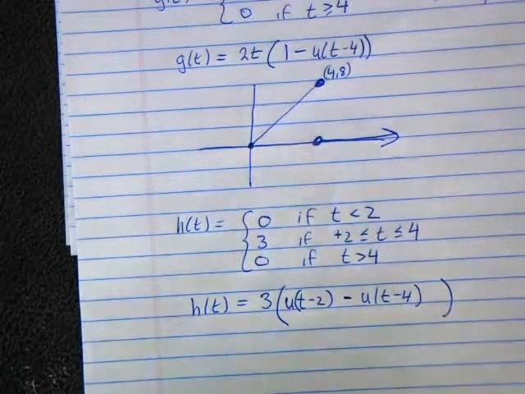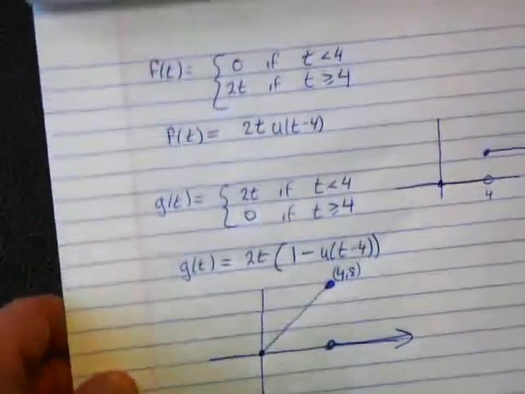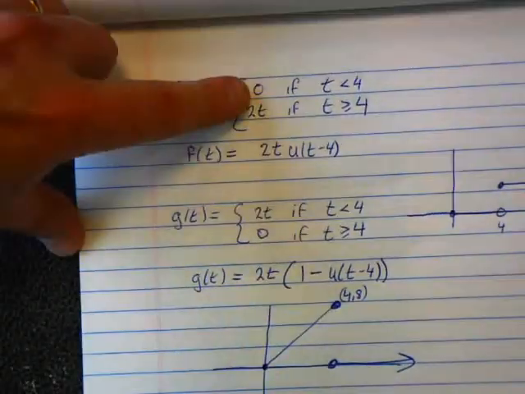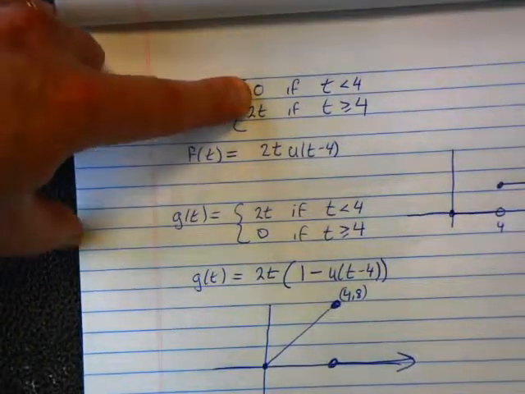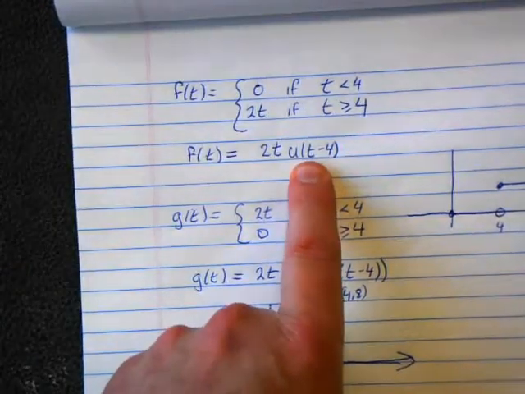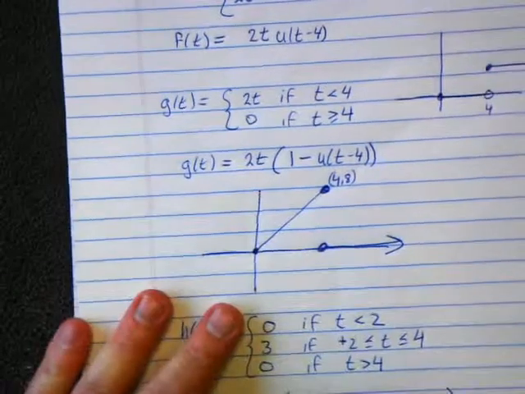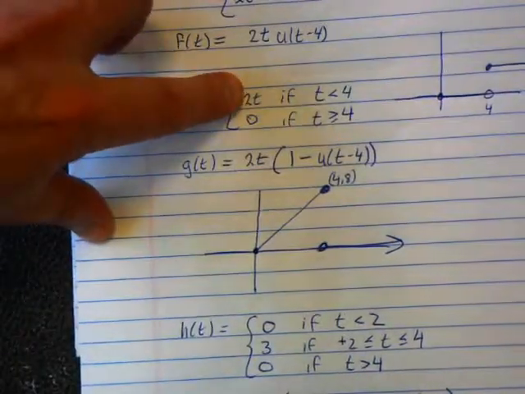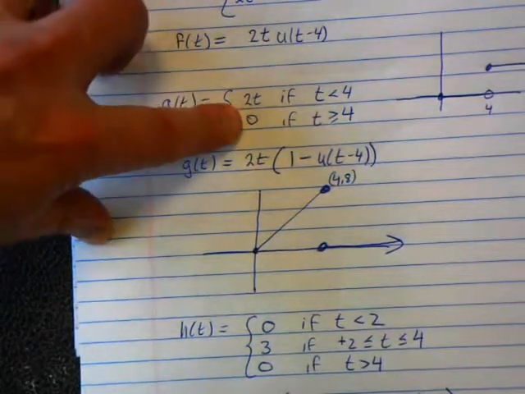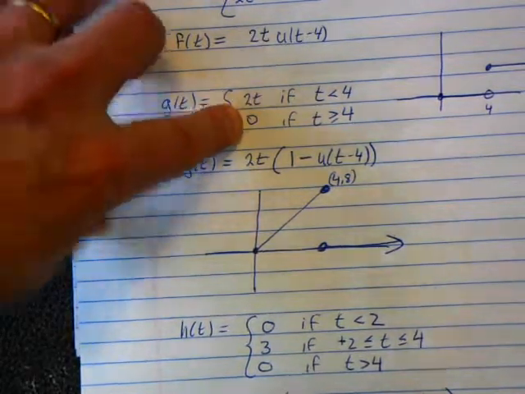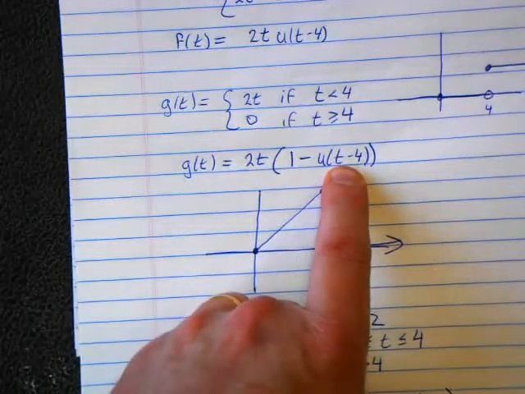Okay, so you see the 3 patterns. If you want 0 at the beginning, you simply use the u thing. If you want a value at the beginning and then 0 forever after that, you use 1 minus the u thing.